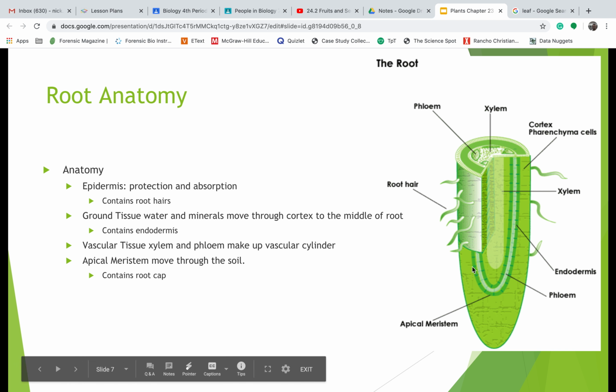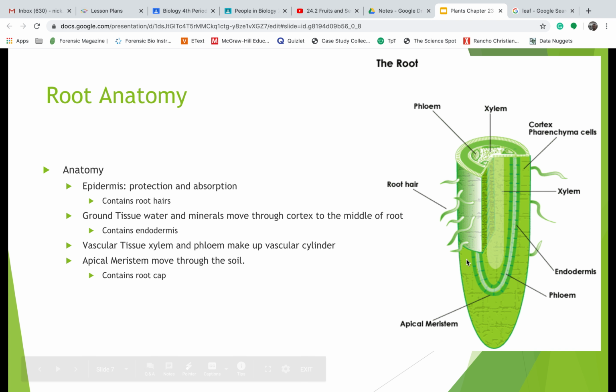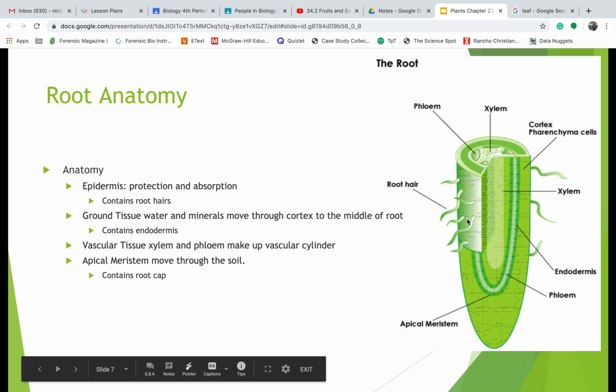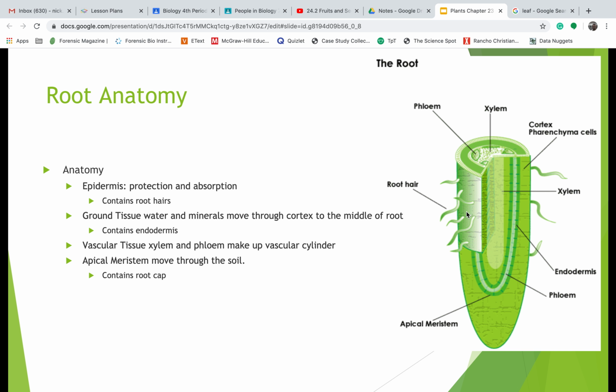So it creates this ground tissue section here for the root. You have endo on the inside, or endodermis, and epidermis on the outside. This is very similar to your skin. The skin that you see, that being the epidermis, is on the outside, the thin layer of skin on the outside, very similar to that of a root.